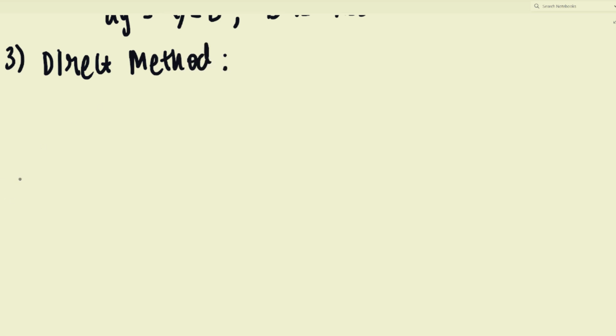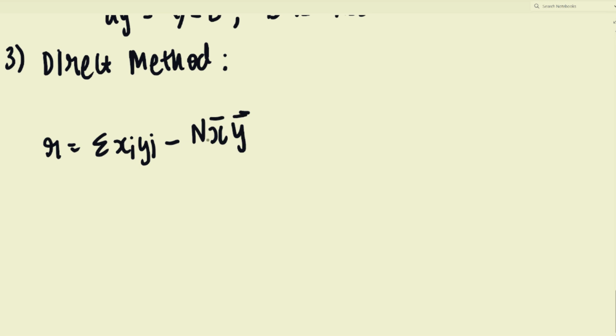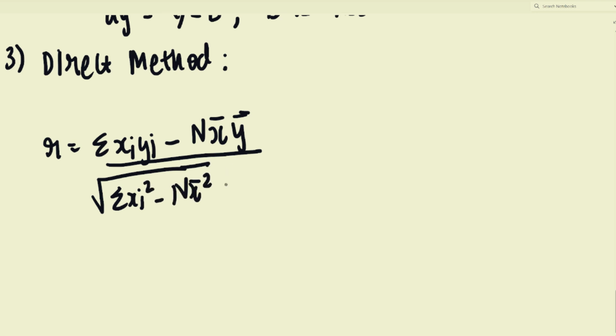There is one more method which is called the direct method. The formula is r is equal to summation of xi yi minus n x bar y bar upon root of summation of xi square minus n x bar square, root of summation of yi square minus n y bar square.